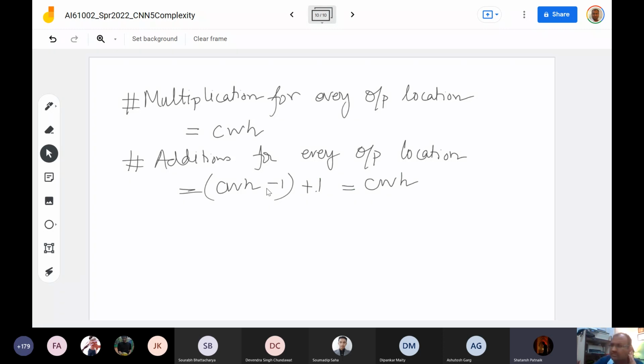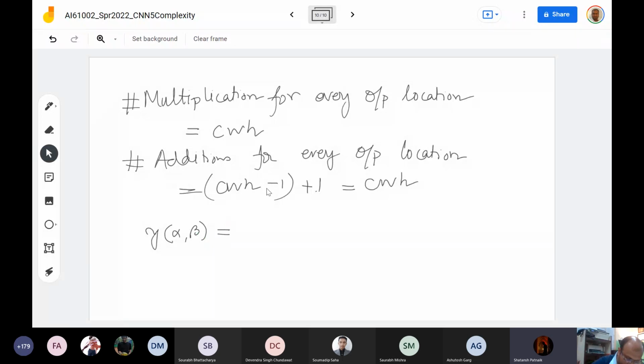Okay, are you able to get how I came to this CWH? Hello, sir. Should it not be CWH minus C? Why will it be minus C? Sir, because for each channel we are doing WH multiplications and then adding them up, so for each channel it is WH minus 1 and we have C channels. No, see, what is my convolution's output written as? Y at some alpha comma beta location is equal to what?